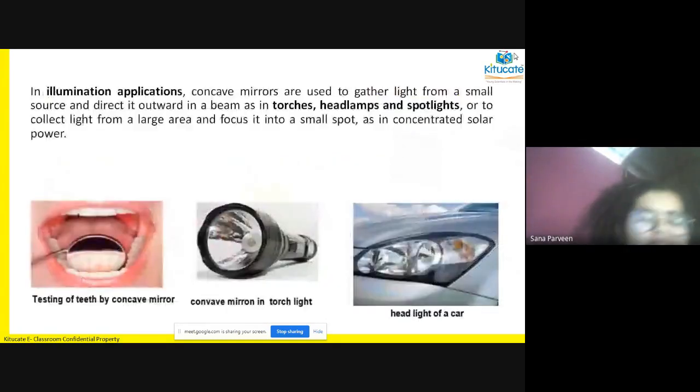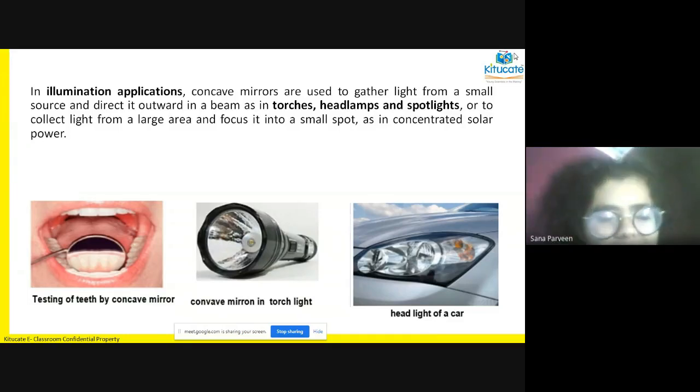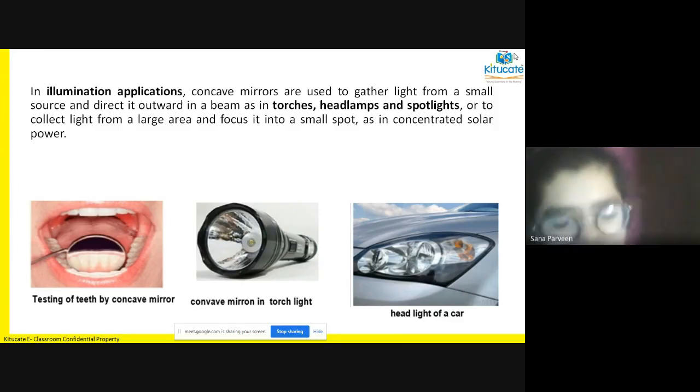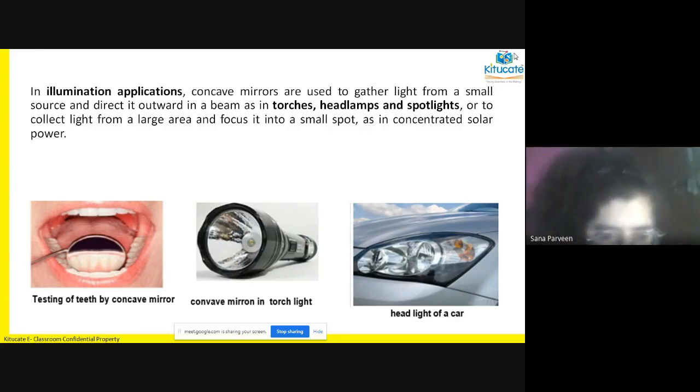Again in illumination application, you want to view it. Testing of teeth by concave mirror. The doctor cannot put his or her head inside your mouth, so she uses a mirror which gives a magnified view of your mouth to the dentist, so as to understand whether the cavity is present or hidden somewhere. Where exactly the cavity is present, for which we need an enlarged view, concave mirrors are used.